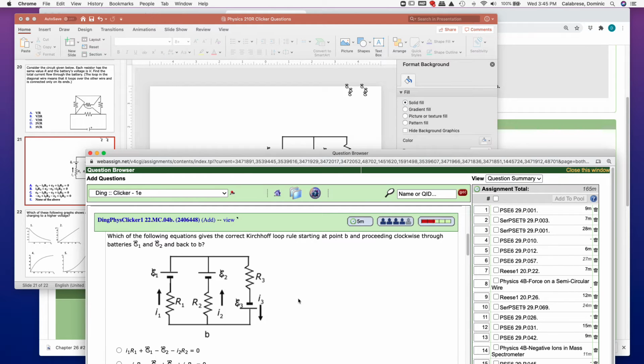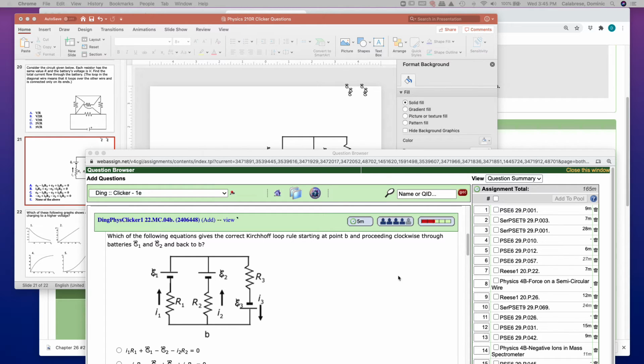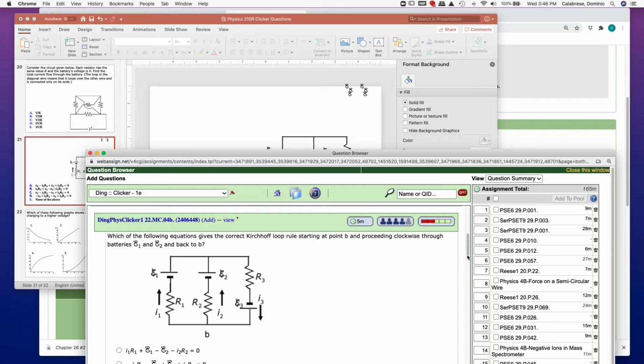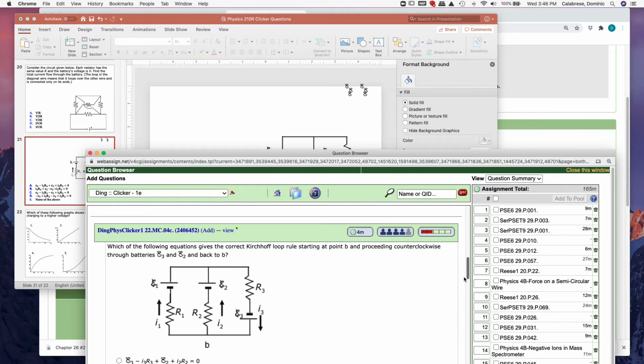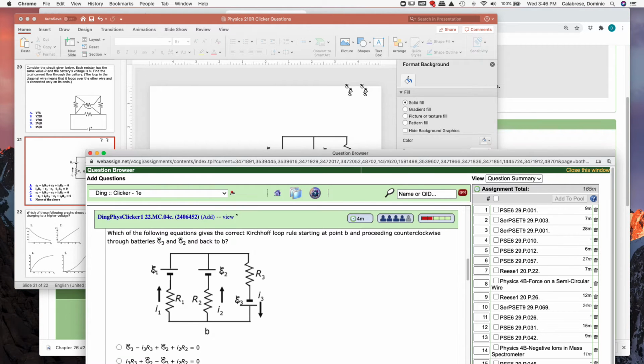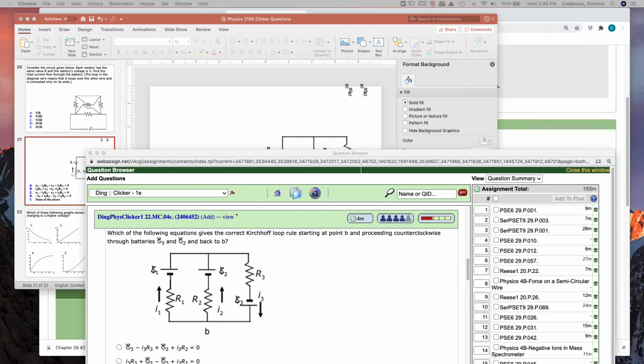So the idea is you want to apply Kirchhoff's loop rule starting at point B, and going through, no, that's not the one either, sorry. Hold on a second, that's not the question I wanted. All right, so here's the question.